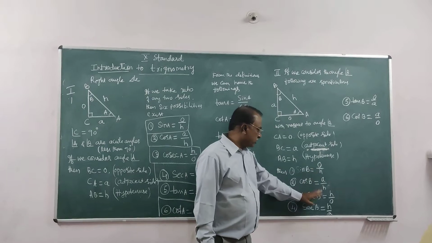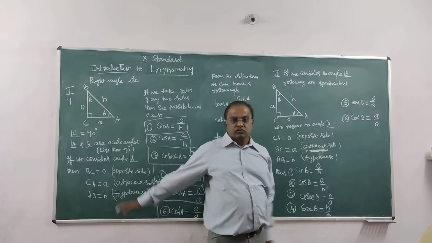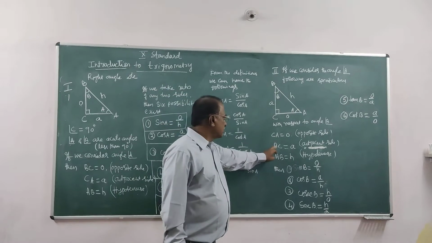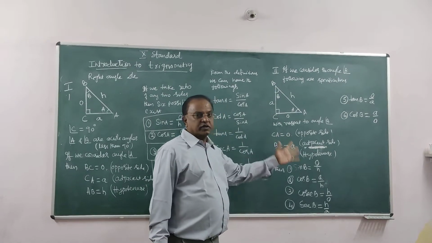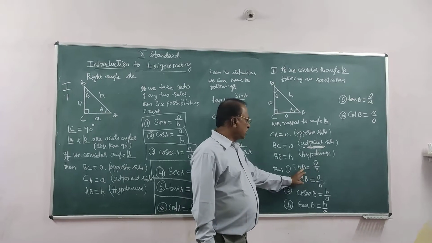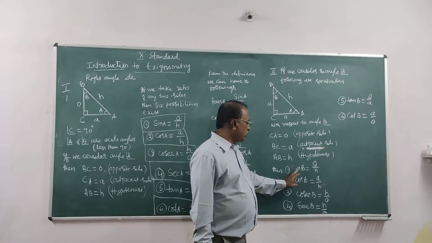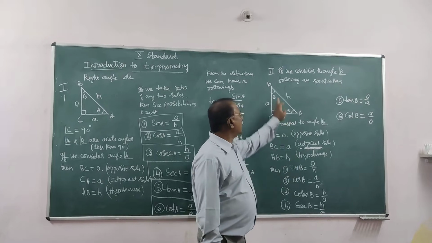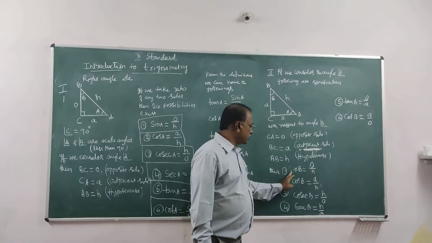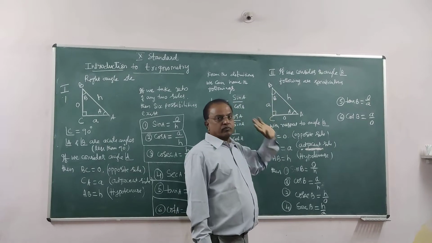The opposite and adjacent sides are interchanged here, so the ratio will be different. Here we always call this the trigonometric ratio of angle B, not angle A.